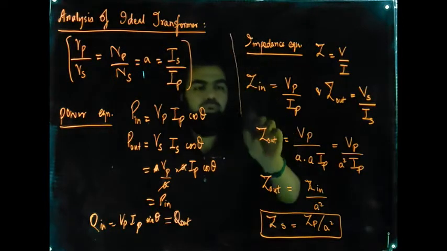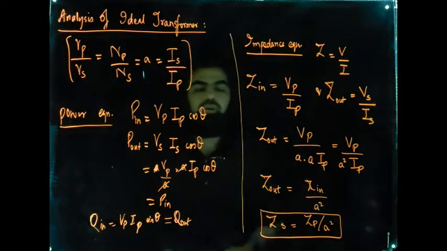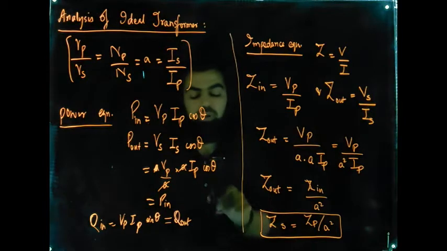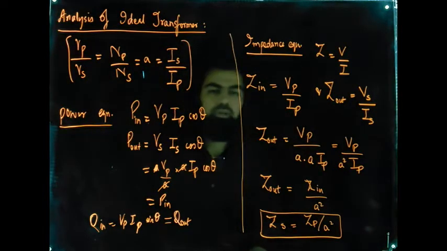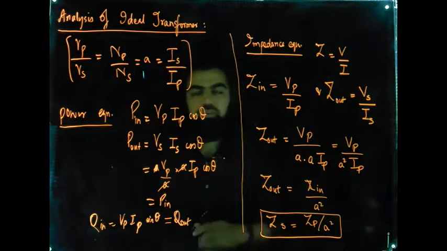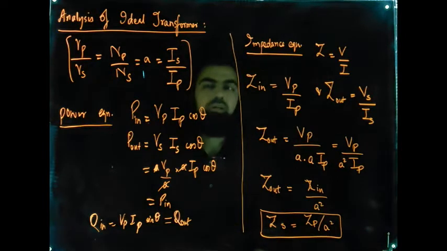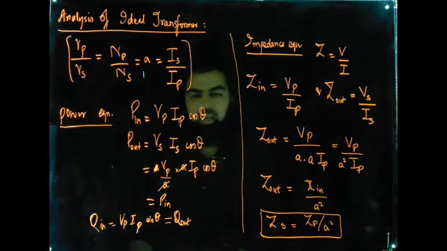One more thing to note about transformers is that the rating of the transformer is not given in watts. We do not say this transformer is 20 kilowatts. We usually use the term: this transformer is 20 kVA. The reason behind specifying the rating in terms of VA, that is apparent power, is that the load of the transformer is not known to us, whether it will be a resistive load or a reactive load, so how much power it will draw from the system is not known to us.